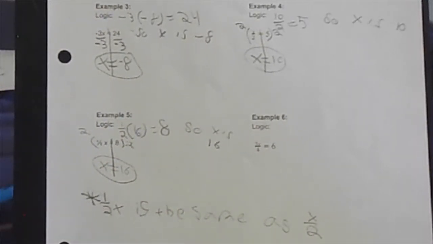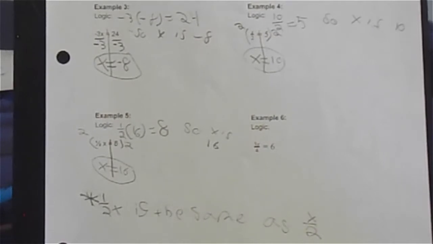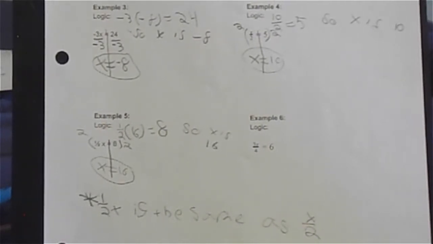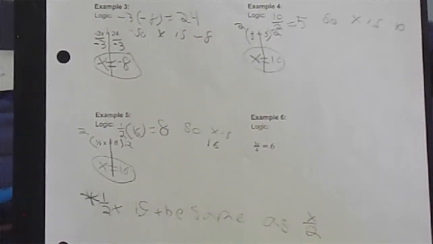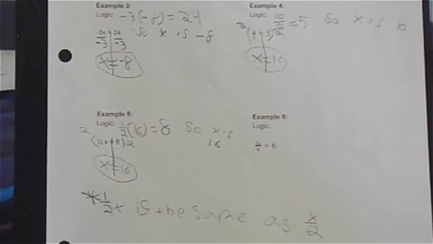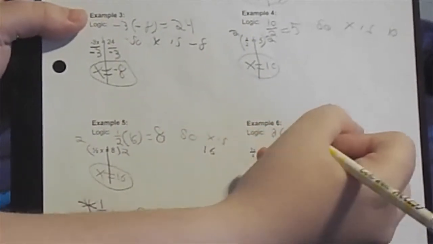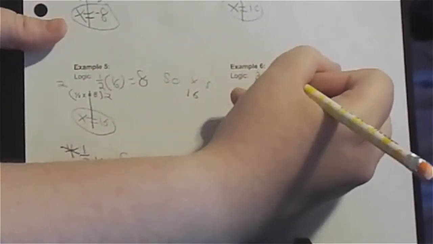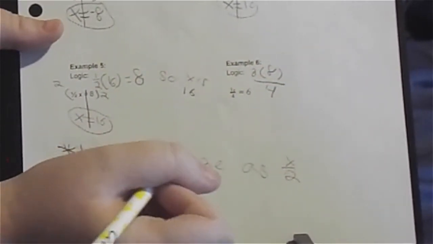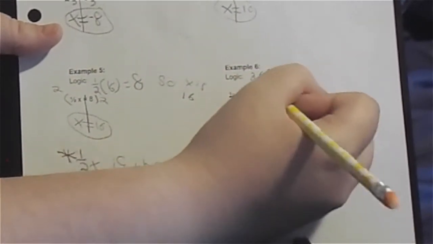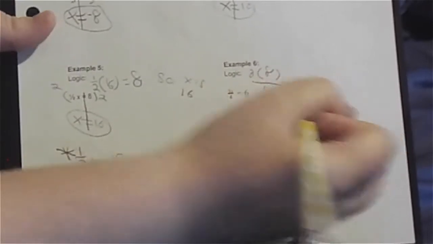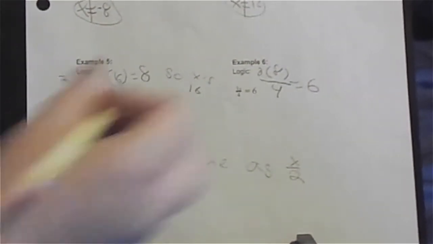For the next one, it says 3x divided by 4 is 6. So 3 of something, when I divide it by 4, is going to give me 6. Logically, I know that 3 times 8 is 24, and 24 divided by 4 is 6. So therefore x is 8.